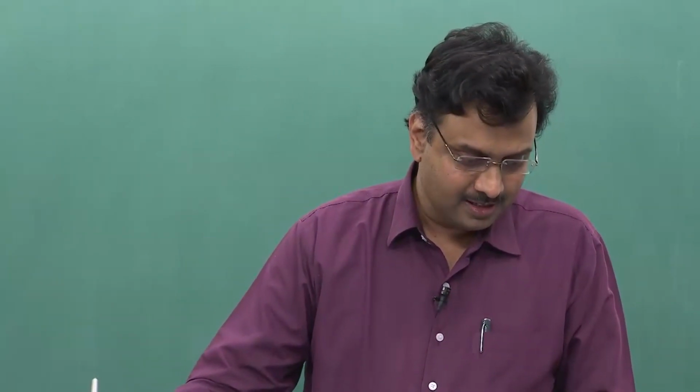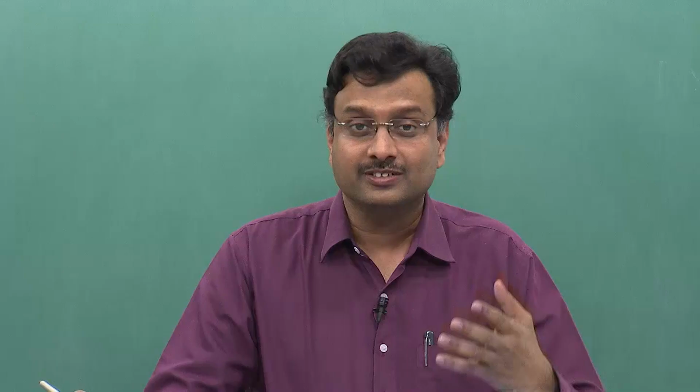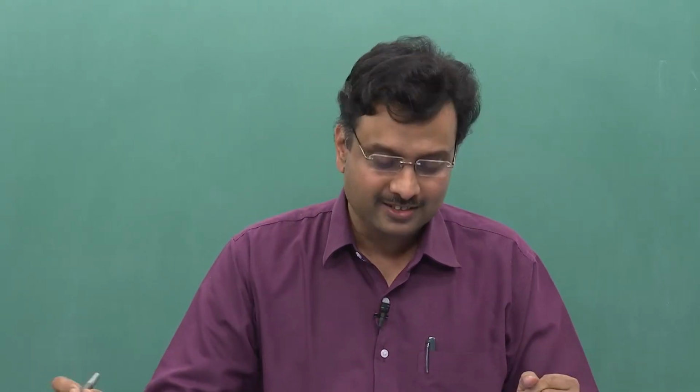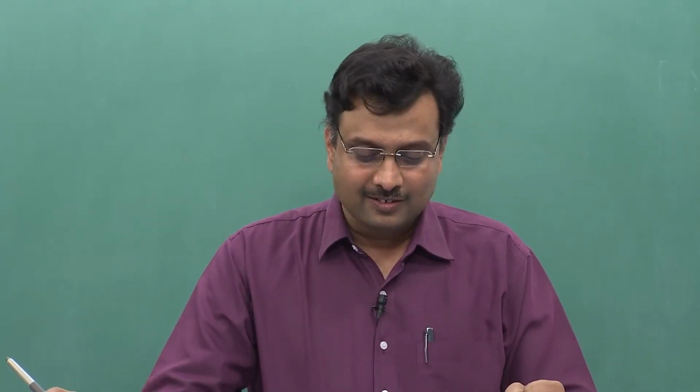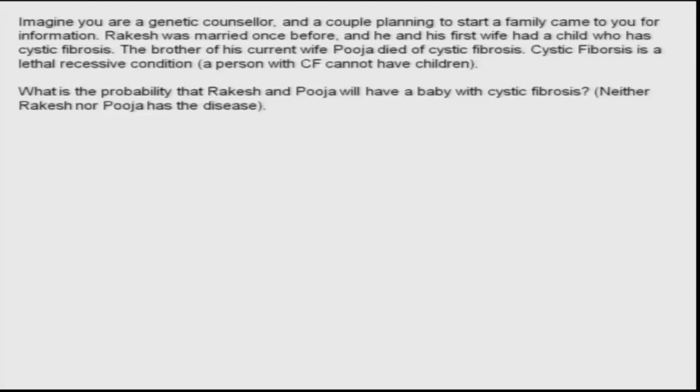So, this time assume that you finish the course and you become a genetic counselor, and there is a family that comes to you for advice with regard to the risk of their future children having a particular genetic disease. The condition is given below, you can read it on the screen: a couple, husband and wife, planning to start a family came to you for information.